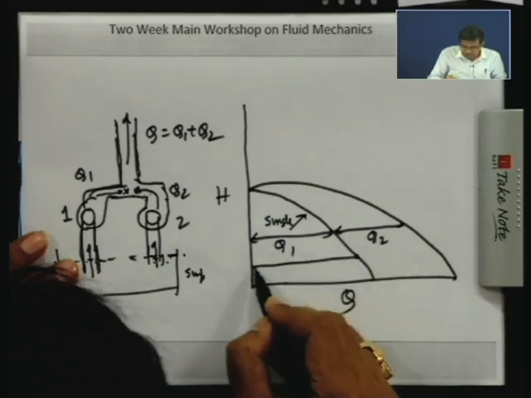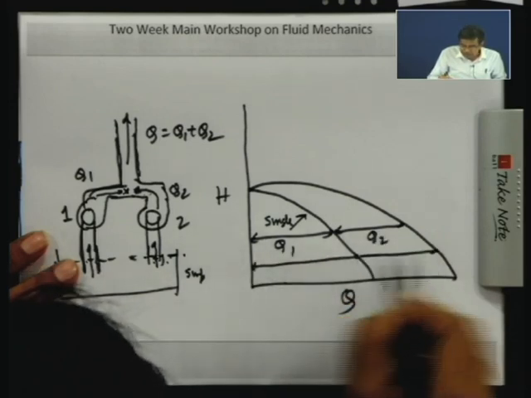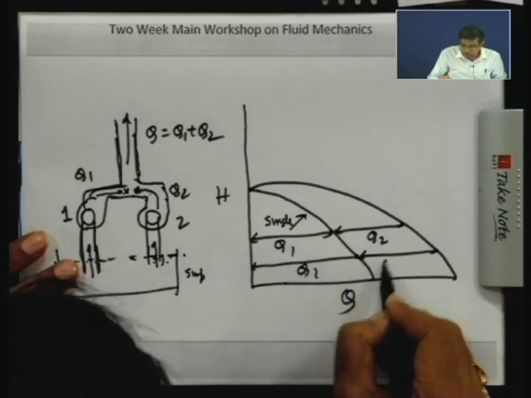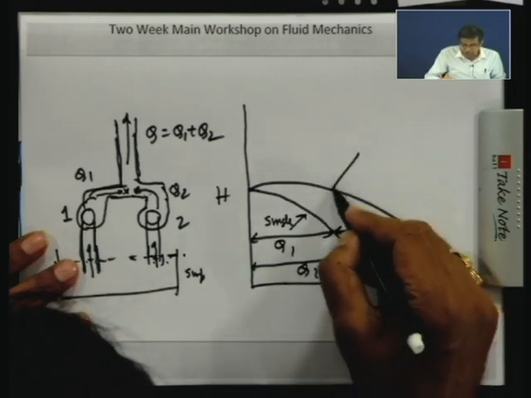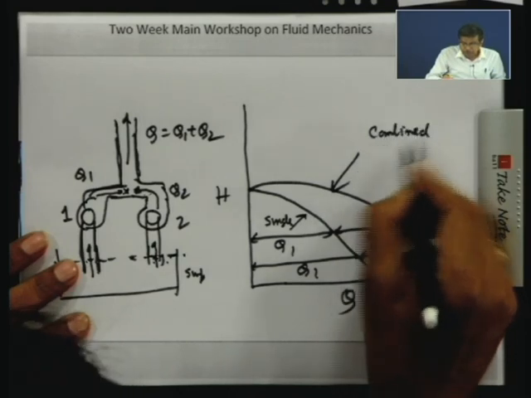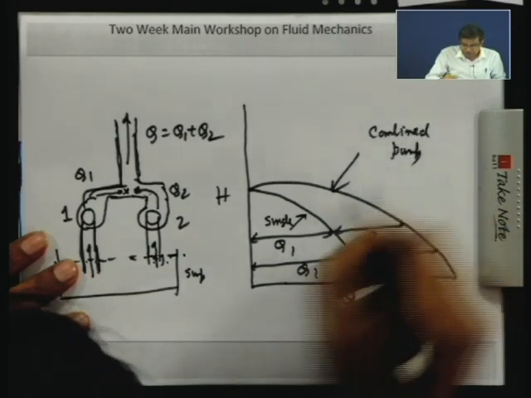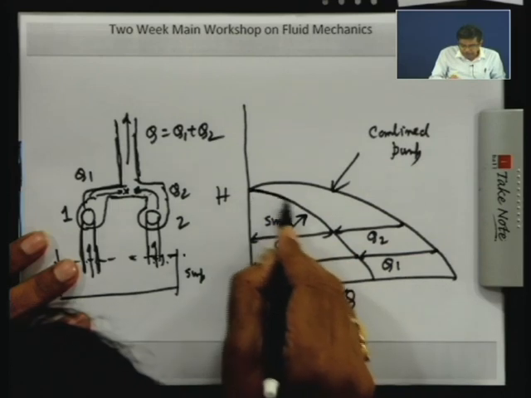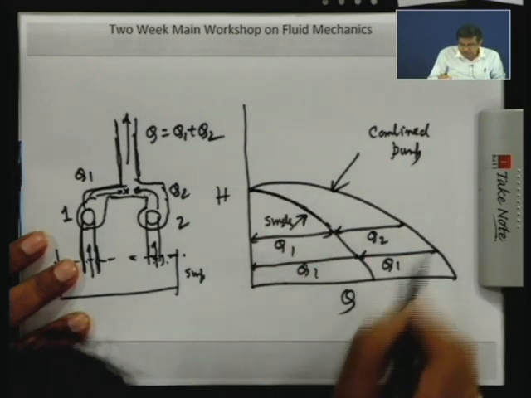Similarly, here this is Q1, this is Q2. If we add, we can make the characteristic curve for the combined pump.